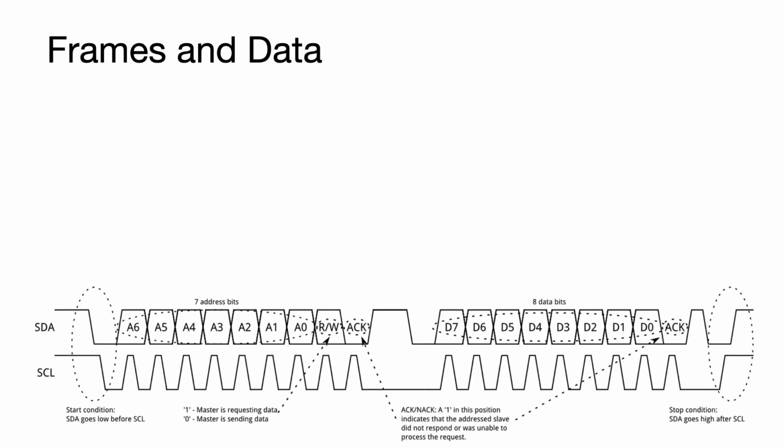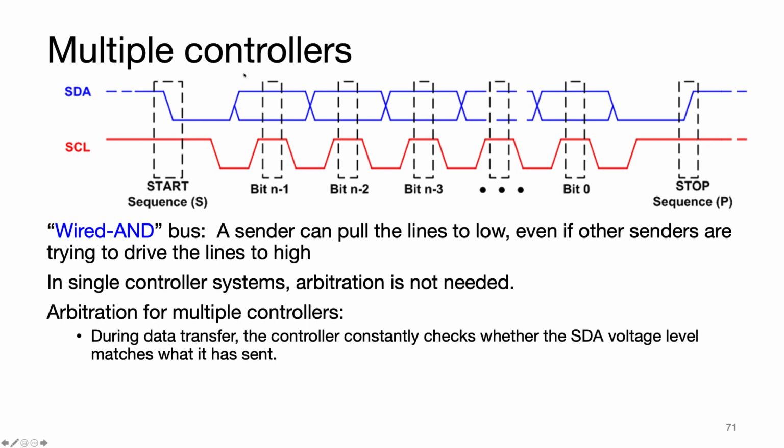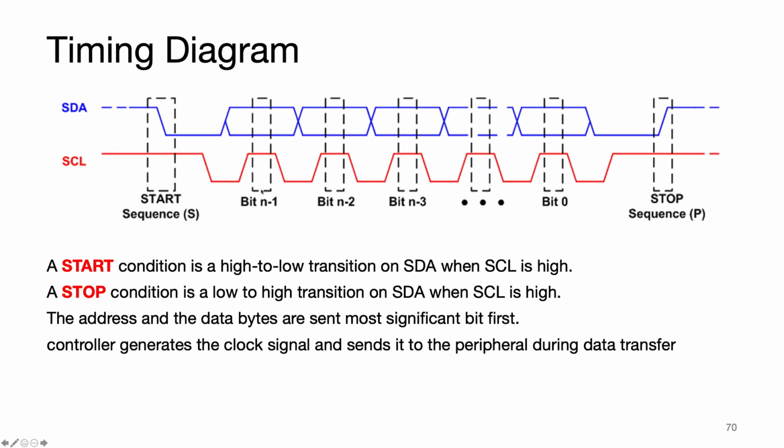Okay, so let's look at the data packet again. Actually, let's go back up here. There is one thing I forgot to mention, and that is the clocking here is particularly weird. The controller is setting out the clock, but this isn't necessarily rising edge or falling edge. In fact, the rising edge and falling edge happen fully inside the data bit.